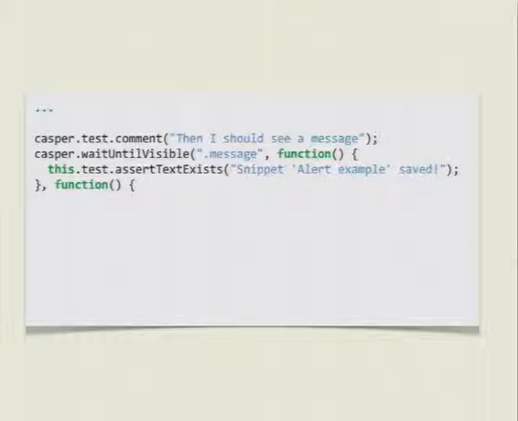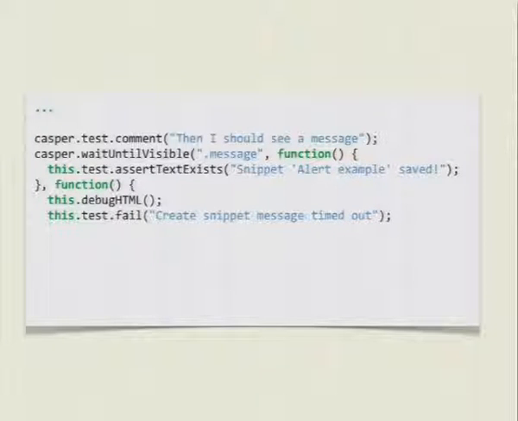So if that condition in that wait doesn't occur after a set period of time, we can call something else. And in this case, we're going to debug the output just to see what really did happen. And also, you can explicitly fail the test. So if it didn't happen after 3 seconds, we're pretty sure that we want to fail that test and find out why it's so slow, even if it did come back.